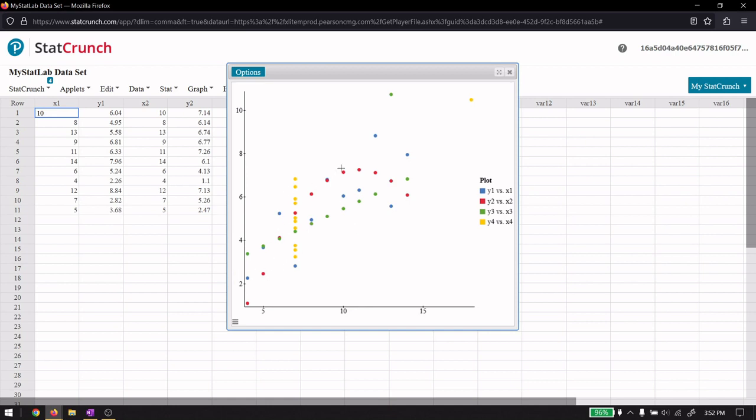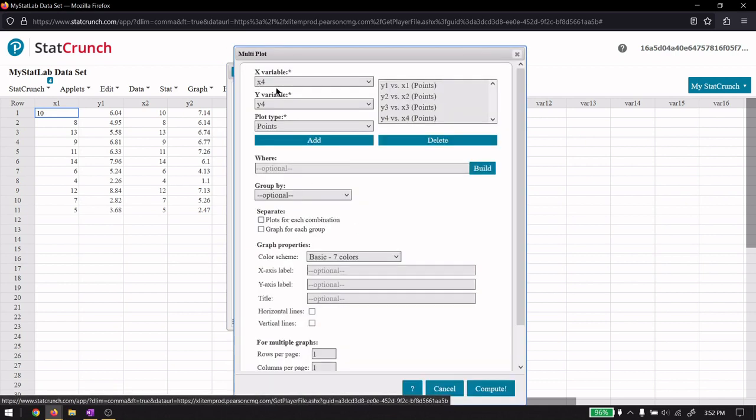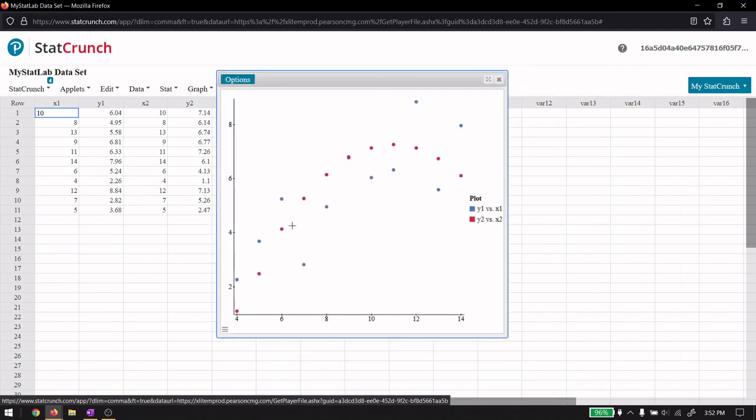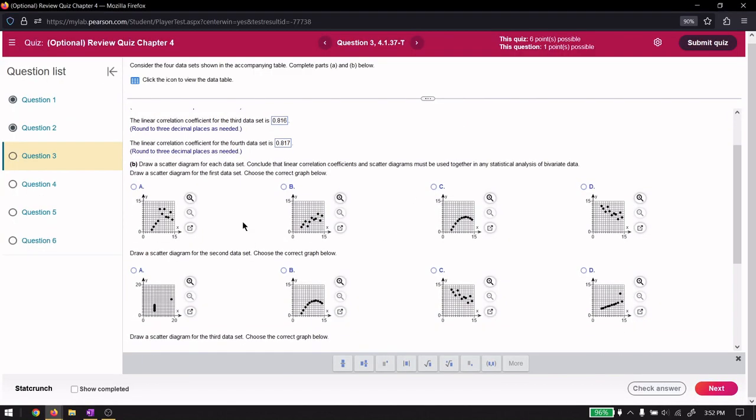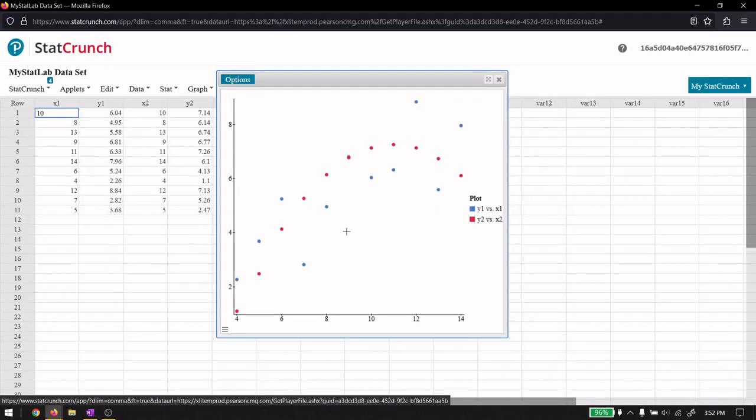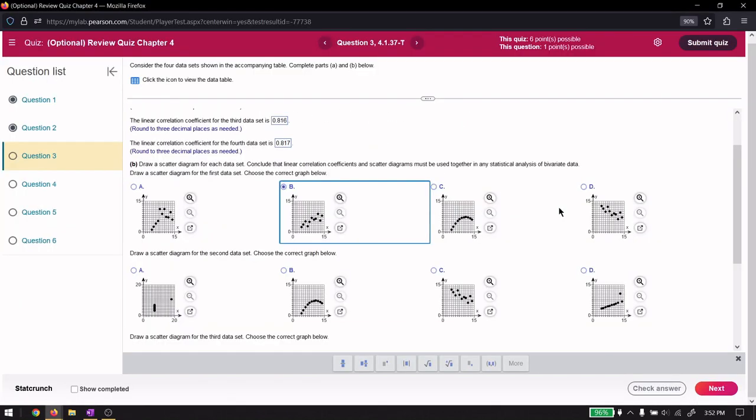They're not quite clear on this. Let me get rid of two of them, make it a little bit more clear. The blue dots are kind of in this pattern. The red dots are very clearly this one right here. So I think that's, see, 0 to 15, 0, 15. This doesn't go really higher than 10.